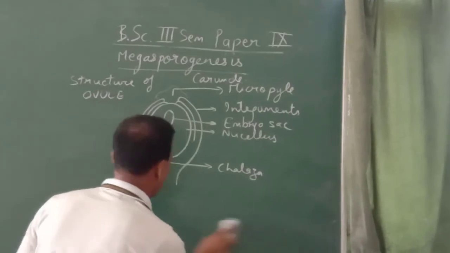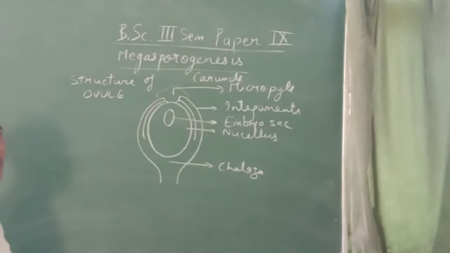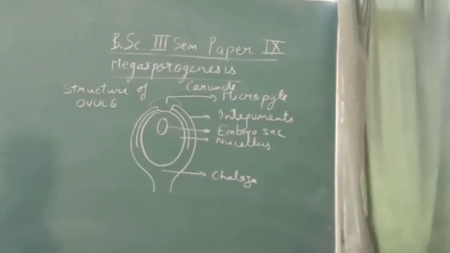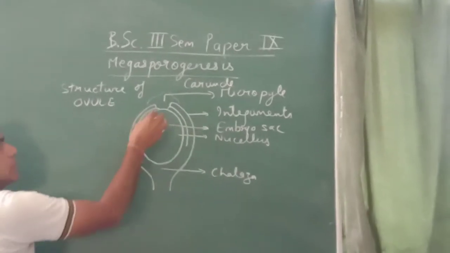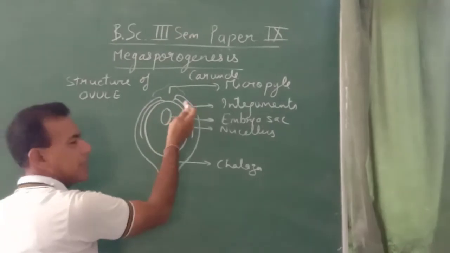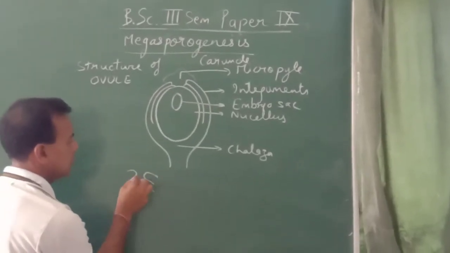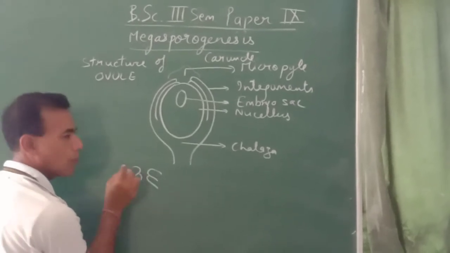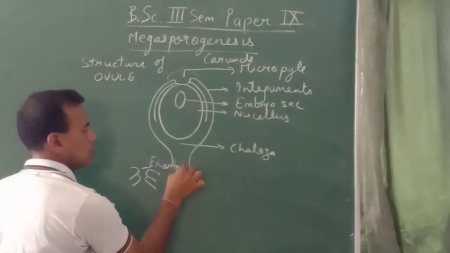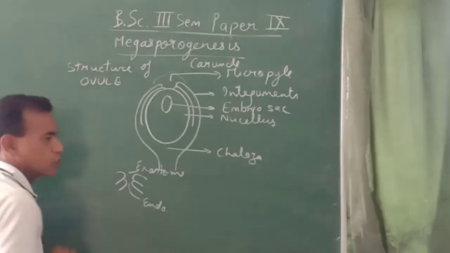Micropyle is an opening from which the pollen tube enters into the ovule. If we are talking about the micropyle of a bitegmic ovule, then the passage formed by the outer integument is known as exostome, and the one formed by the inner integument is known as endostome.